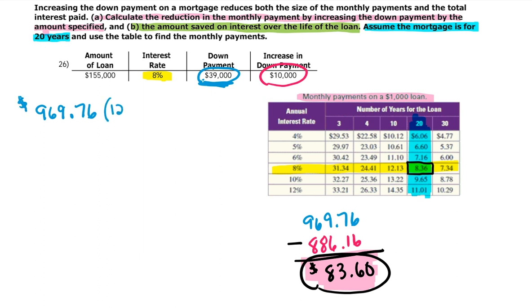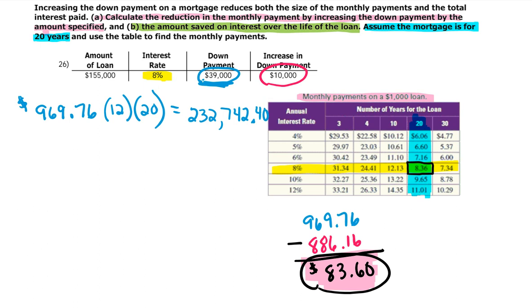Times 12 times a year for the next 20 years. That's 240. You'll make 240 payments. So when I multiply that, I get $232,742.40. That's how much you will have paid.